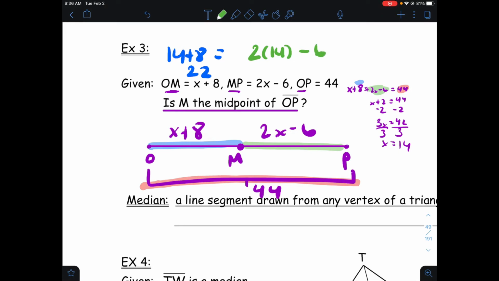So we get 28 minus 6, which gives us 22. Since these are both equal, that means that M does cut that line segment in half. So you would say, yes, M is the midpoint of OP.